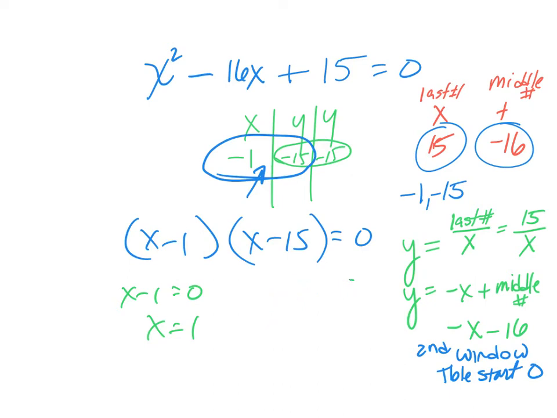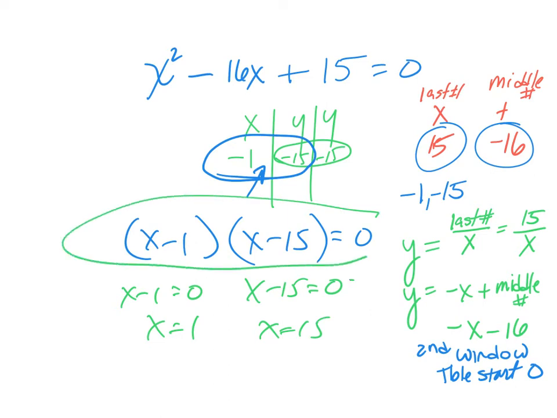X minus 15 is equal to 0. So x equals 15. So this is the factor, and this is the solution. That means that that equation is factored that way, so we factored it, and we went on to solve it. That is where that equation hits the x-axis, at 1 and at 15, okay?